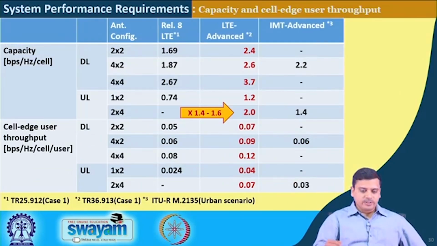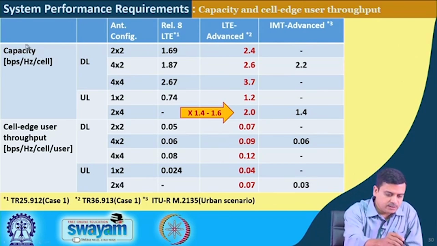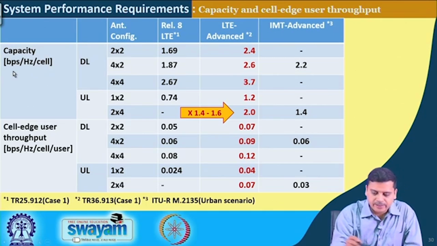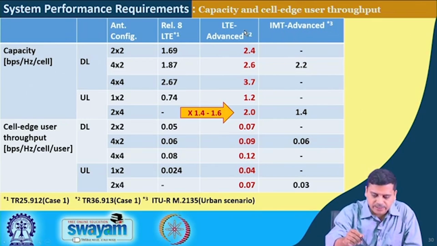In this particular slide, what we have is the cell capacity, that is bits per second per hertz per cell, which we have described earlier, and have compared them for IMT Advanced and LTE Advanced. What we clearly see is that the requirements are quite nicely met and are actually exceeded in this case.